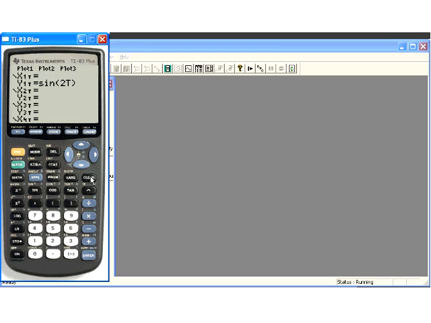So when we go to graph, we now see x equals and y equals. So now we can plug in our equation. In the example that I was working on, we had x equals 4 plus 2 cosine of theta. And to represent your theta, you're just hitting that X,T,theta,n button.